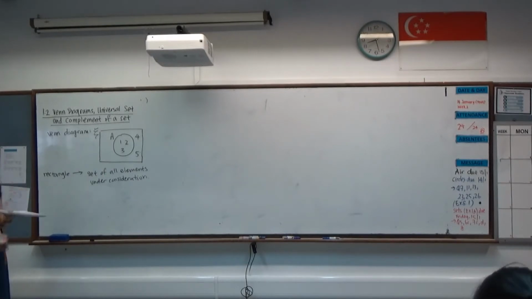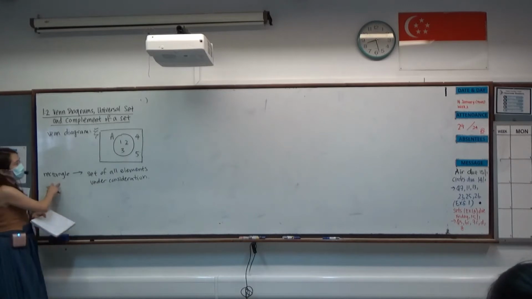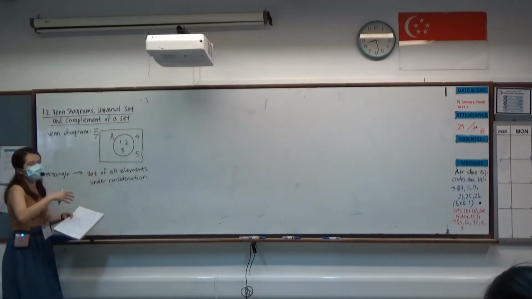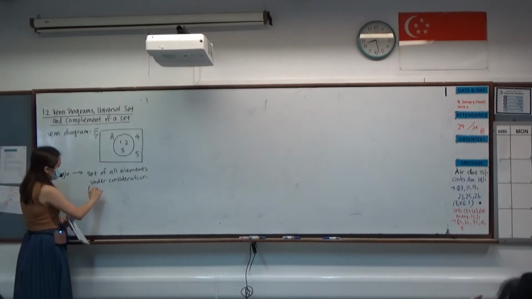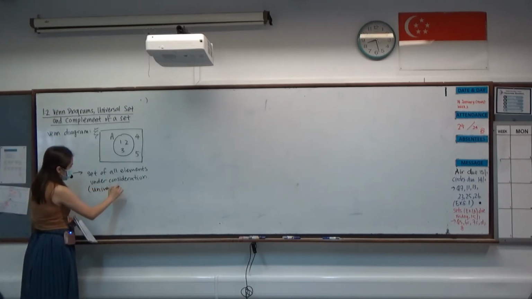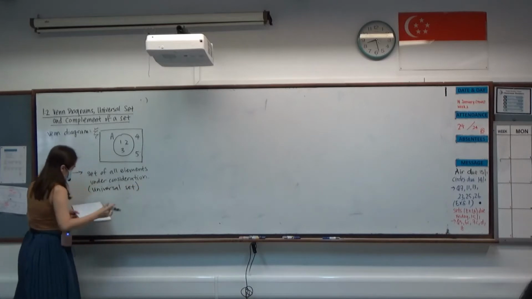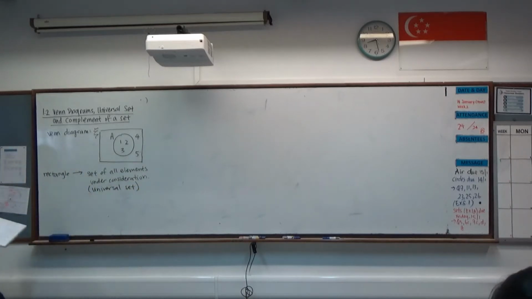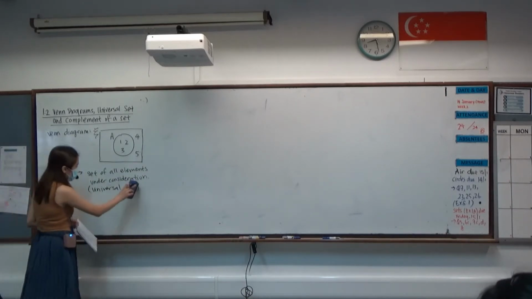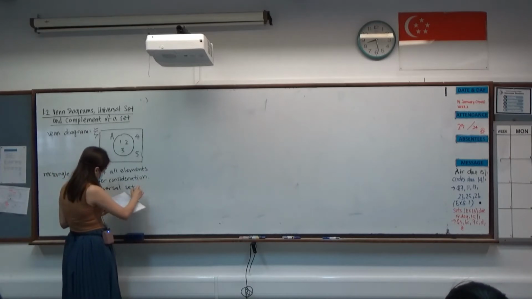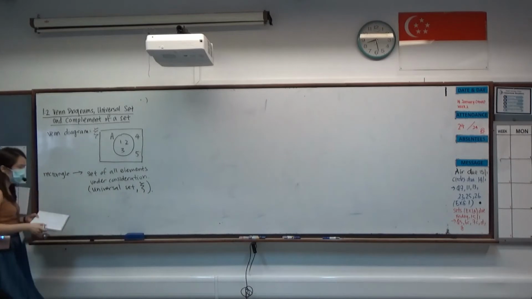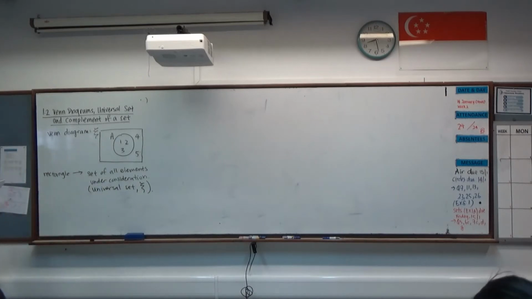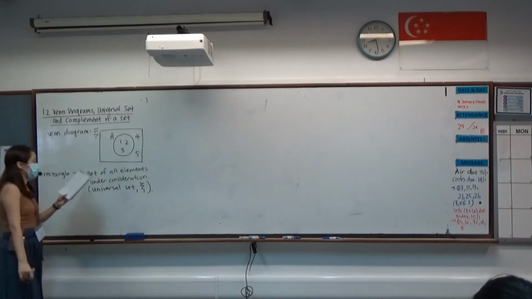So for example, if you're looking at all the numbers from 1 to 5, we will use the rectangle to create a border around it. It is what we call a universal set, and we denote it with this symbol.